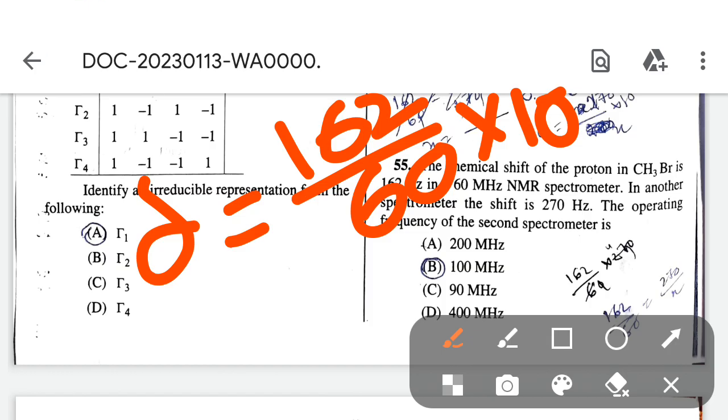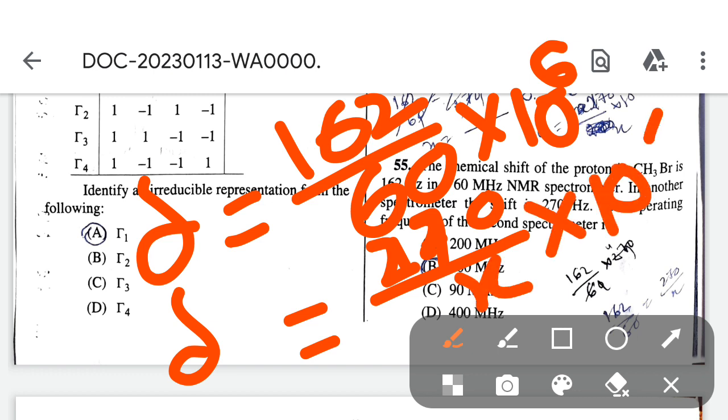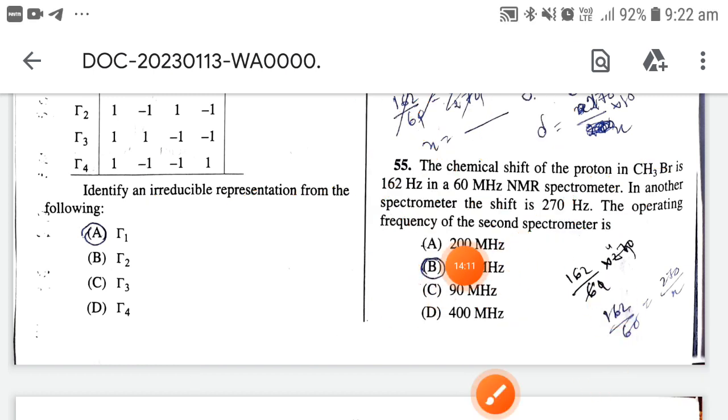Next, delta is equal to 270 by x. This value we will calculate. As we know that the delta values are the same in both cases, we can equate these two equations, and we will get the value that is 100 megahertz. Option B is right.